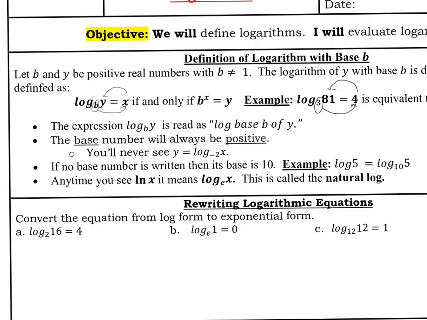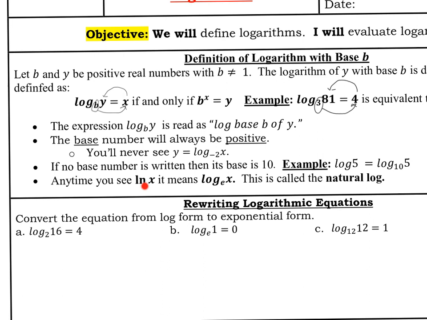So I put some bullet notes here. I kind of already covered this one. The expression log base b of y is read log base b of y. The base number will always be positive, so you'll never see something like log base -2. And if there's no base number written, then it's assumed to be base 10. So if you just see log 5, it means log base 10 of 5. And anytime you see ln x, that's called the natural log.